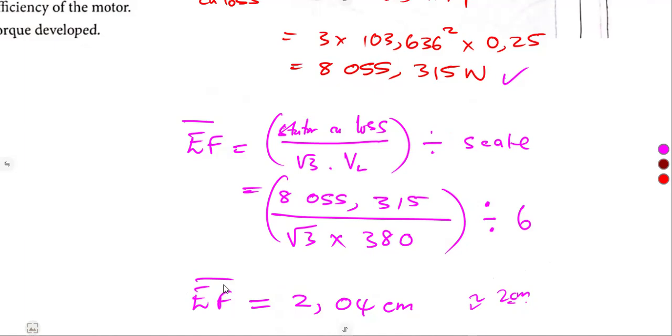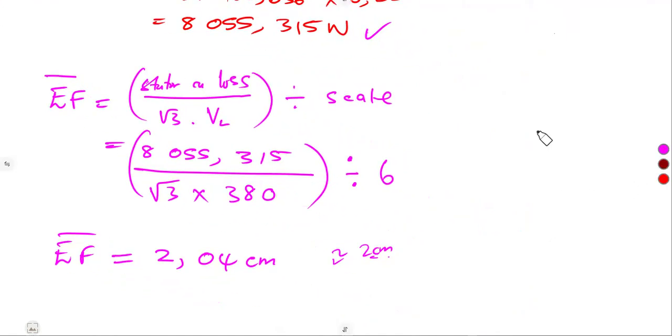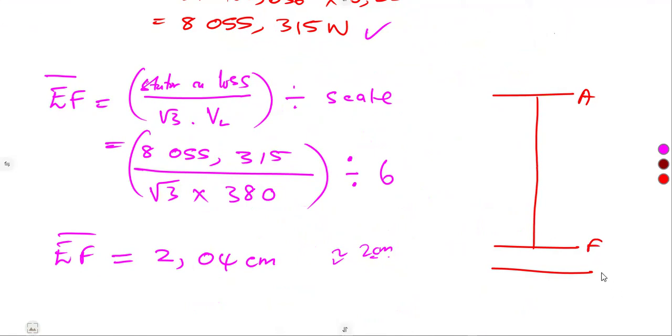That is EF. So this is going to help us whenever we are to have our diagram, because we know the length from E to F. Remember, on your diagram, guys, it's going to be like this if you're using those measurements. We said we're going to have A, this will be our F, and this will be our G. So E is found in between A and F. So we're just going to measure a certain distance there, which will be 2.04 centimeters.